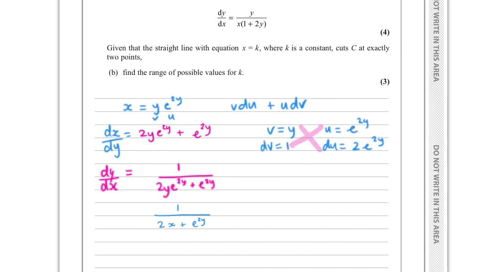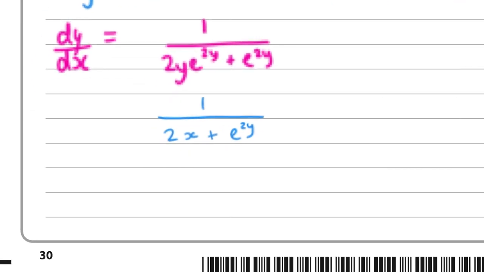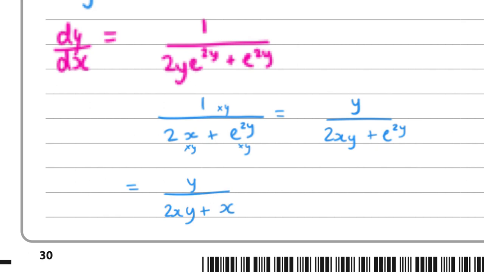However, what have they done? They've multiplied everything by y to get y on the numerator. So if I multiply every single thing by y, what do I now get? I get y over 2xy plus e to the 2y. We know what e to the 2y is. It's x. So again, we're going to have y over 2xy plus x.